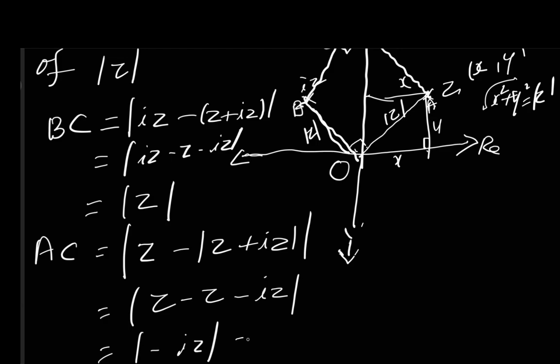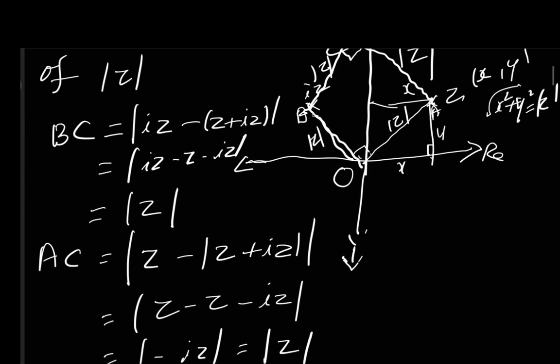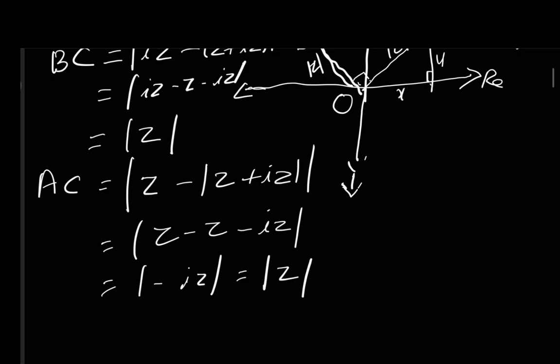Therefore you will get again modulus z. So this side also modulus z and this side also modulus z. So two sides you got. So you can find the third side also, that is your AB.